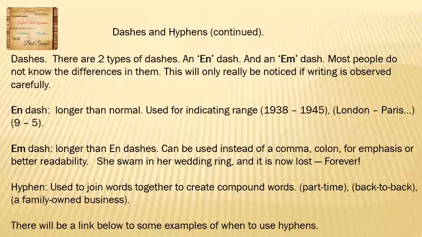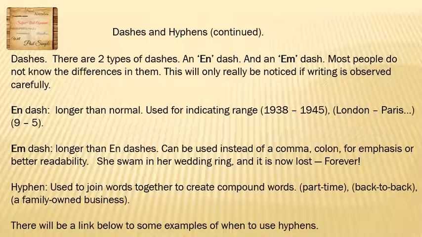An N dash is longer than normal, used for indicating range: 1938 to 1945, London to Paris, 9 to 5 work. M dashes are slightly longer. They can be used instead of a colon or a comma for emphasis and better readability.